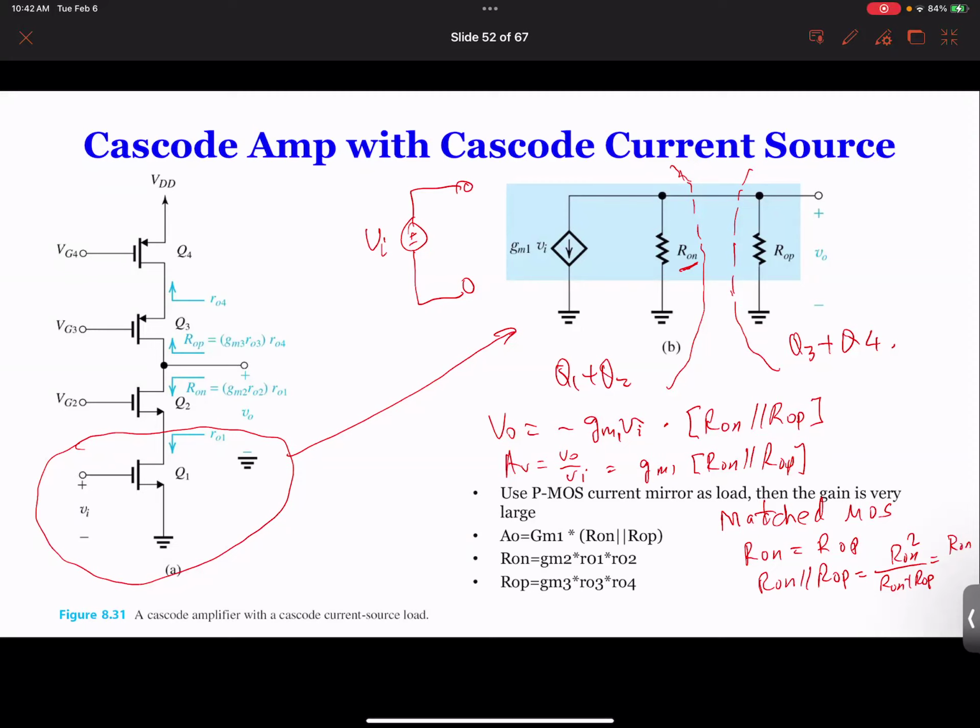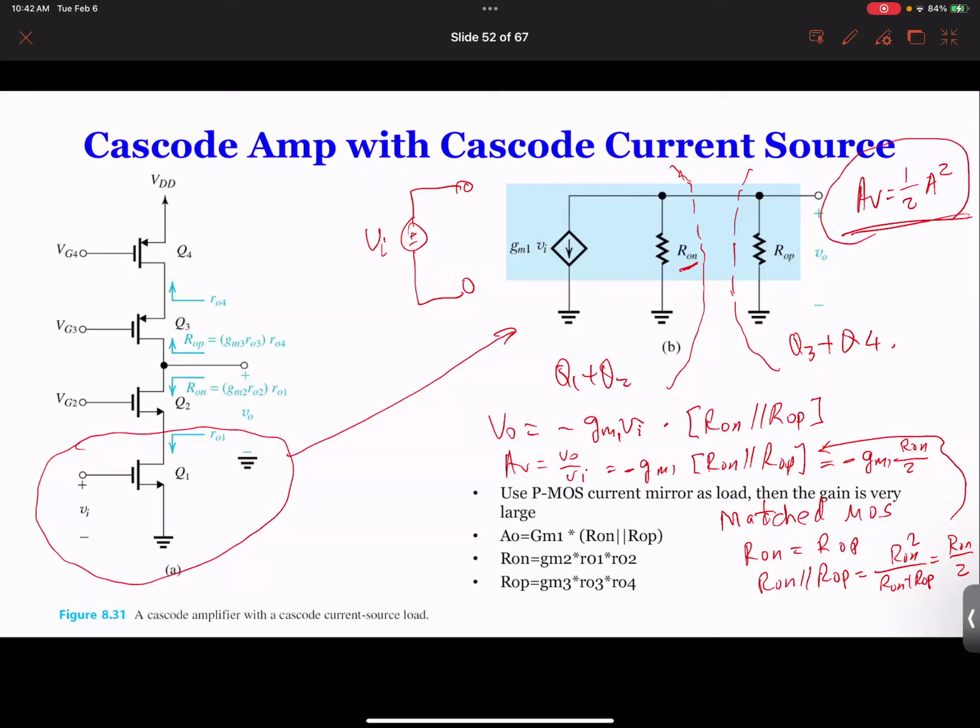And when we plug this back into the gain, we got minus GM1 times 1/2 RON. Then if we plug RON back in, you'll find that this A equals 1/2 A squared.